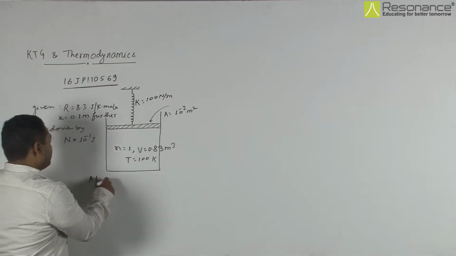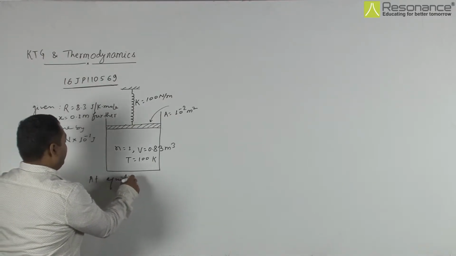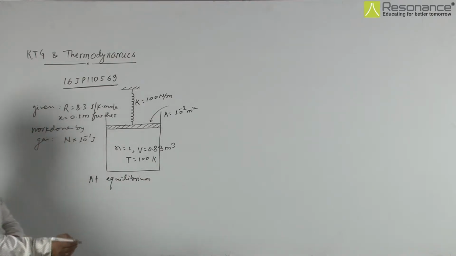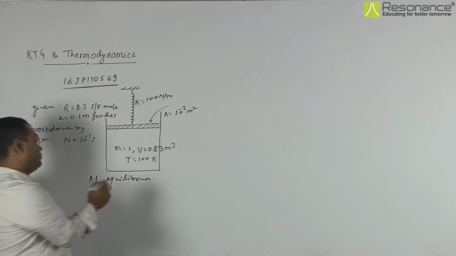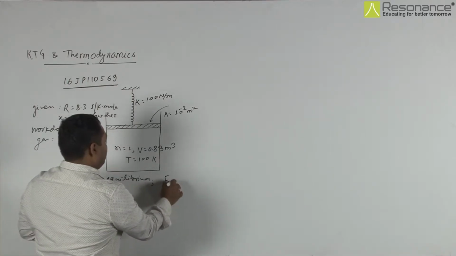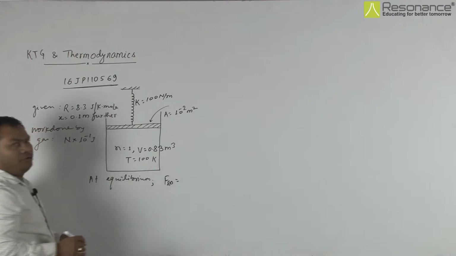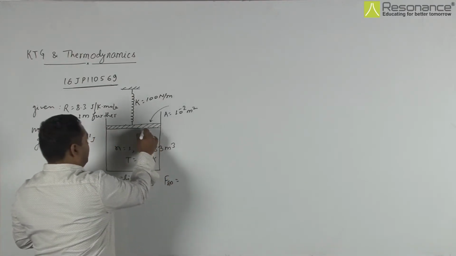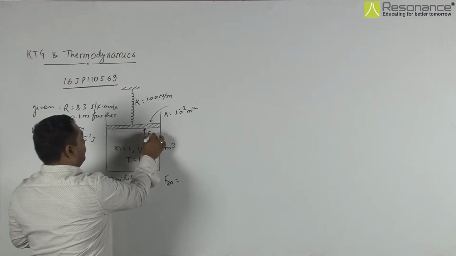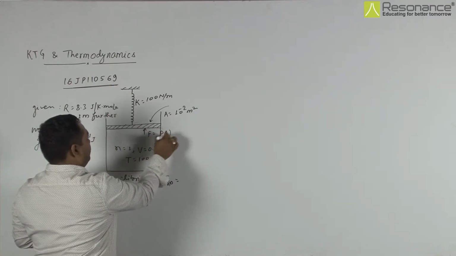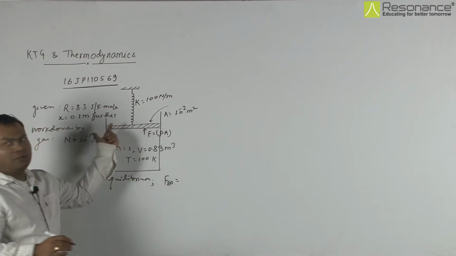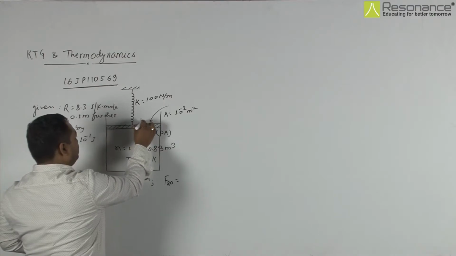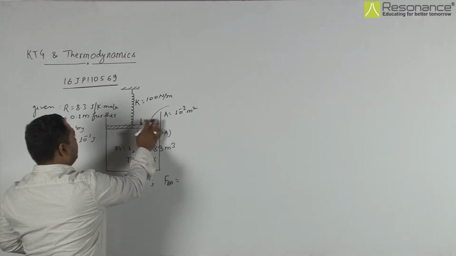So at equilibrium, of course the net force must be 0. So the spring force must be equal to the force applied by the gas, which will be of course the pressure of gas multiplied with this piston area.